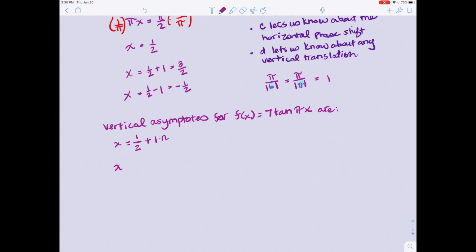But this can be written as 1/2 plus n, and then we would just be sure to identify n. n belongs to the integers, the set of integers.